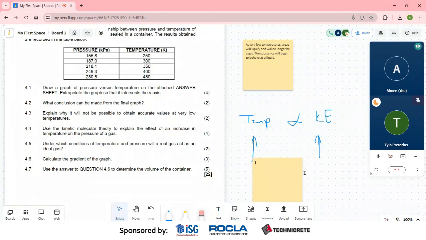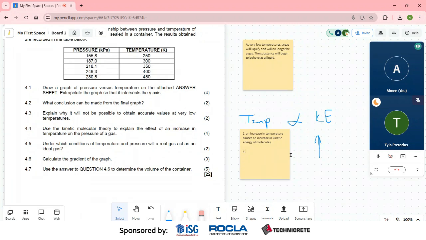So let's just quickly summarize that. For 4 marks, we're at 4.4 now, okay? And they're saying use the kinetic molecular theory to explain the effect of an increase in temperature on the pressure of a gas. So 4 marks, 4 points. Point number one: by increasing the temperature, we increase the kinetic energy of molecules.